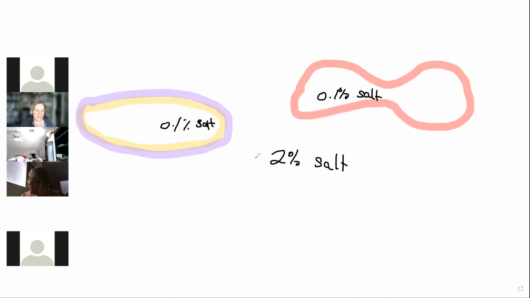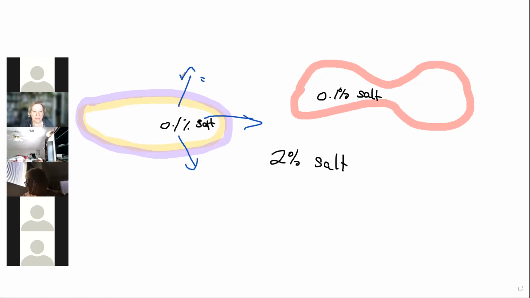So which way is the water going to go? It will go out, because remember, the party's out here. So on both of them, more water is going to come out than is going in, because it wants to go to the area of higher concentration.